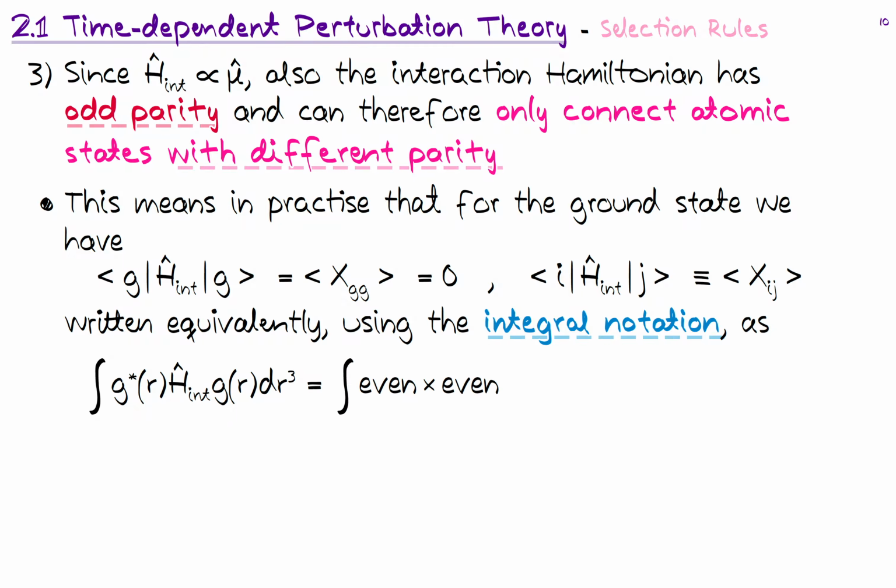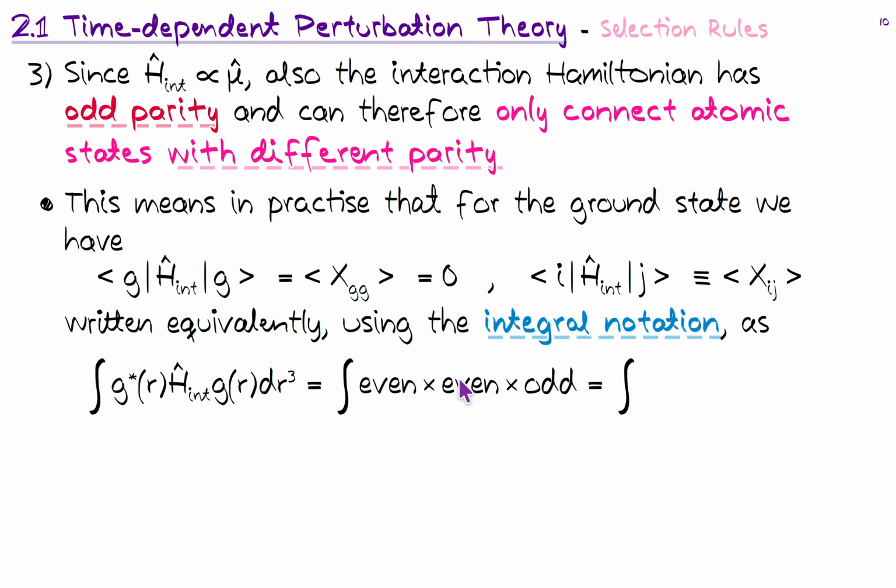Mathematically, as I mentioned, the interaction Hamiltonian has odd parity, the ground state has even parity, and the complex conjugate that we get by operating on the bra has the same symmetry properties as the ground state.